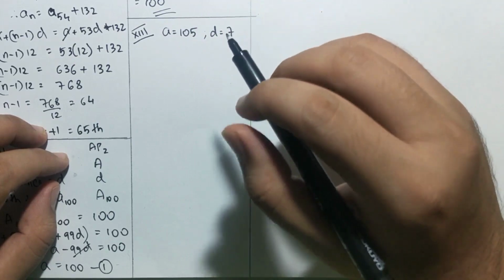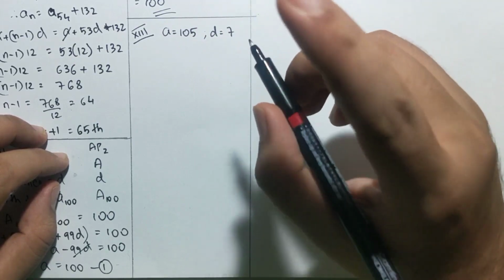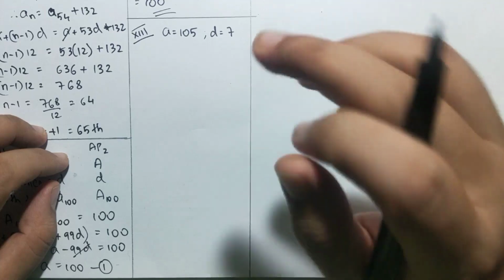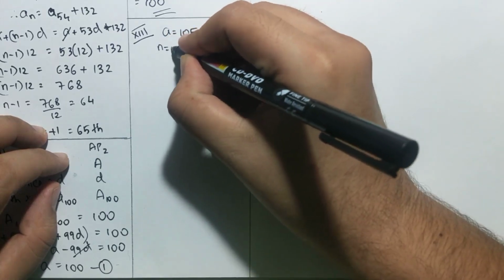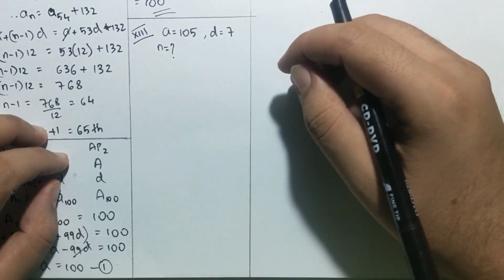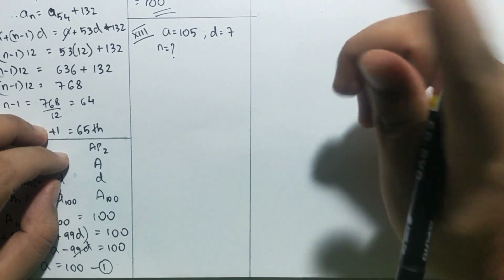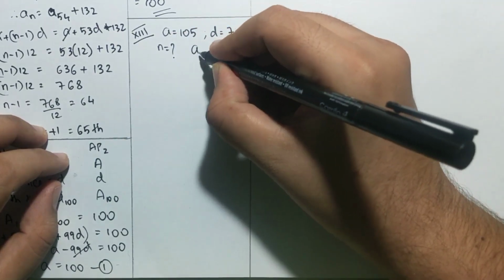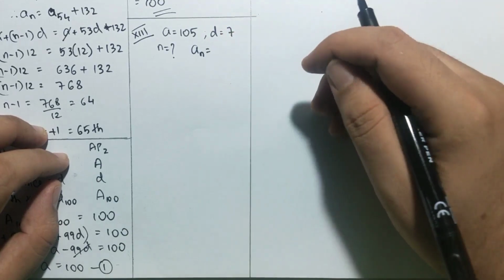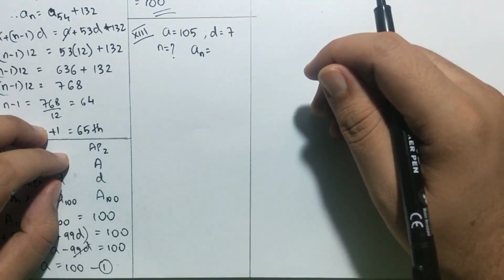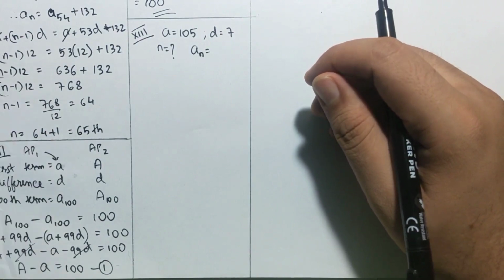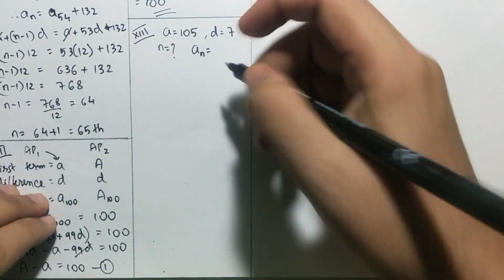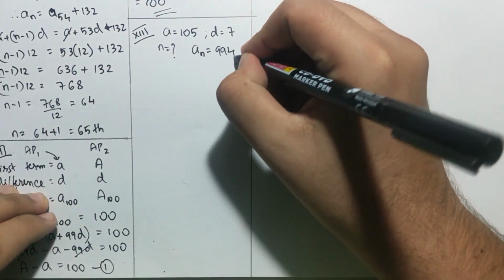And we have to find the total number of 3-digit numbers which are divisible by 7. That means we have to find the last, the highest 3-digit number which is divisible by 7. It's 994.